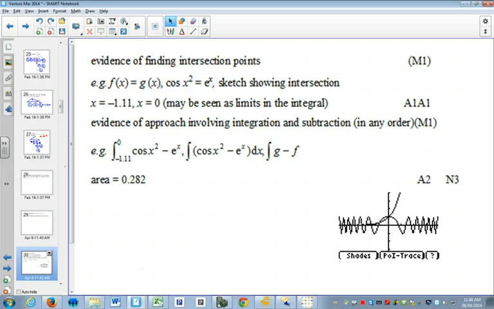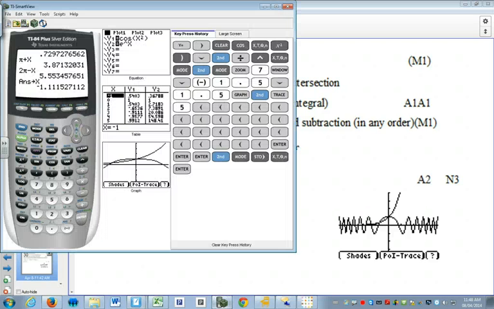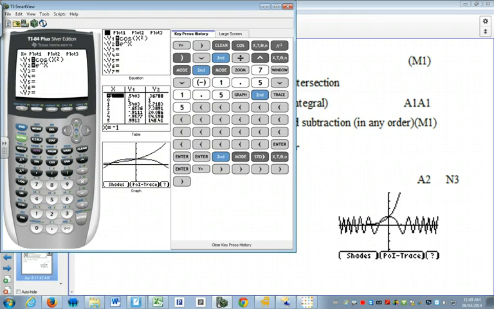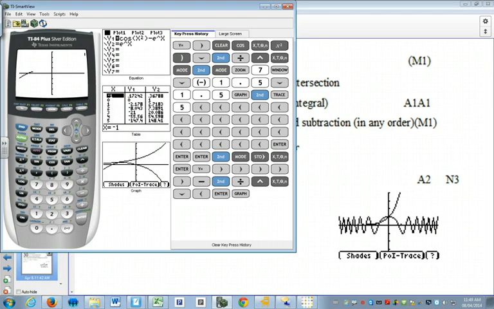So now when we're subtracting the two, we should get that as an area. So I'm going to go back to my calculator, and in y equals I'll write cos x squared minus e to the x. I'm just going to turn this graph off and graph it. Interesting. Second, calculate.